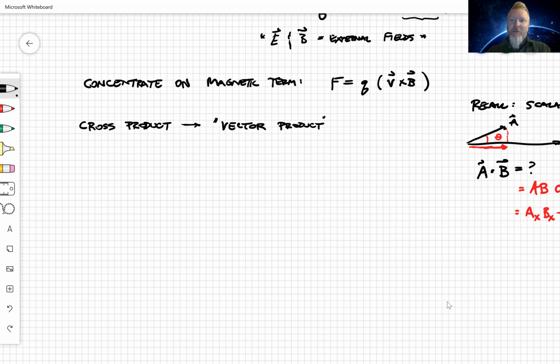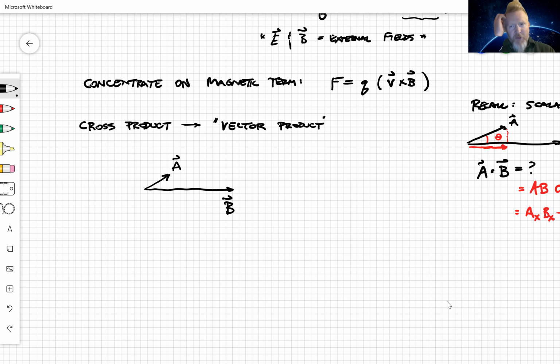Thanks a lot for spending this time talking about what this isn't. Oh, you're welcome. The vector product is a completely different animal. So the vector product is essentially, we'll go back to our good old vectors A and B again. The vector product is essentially the area of a parallelogram.